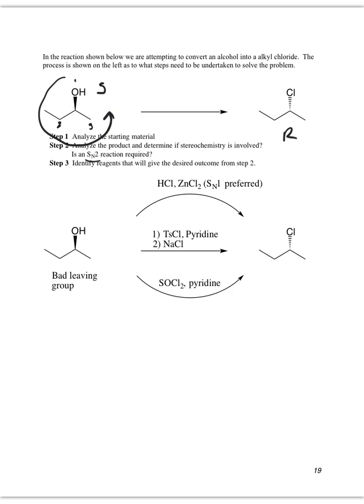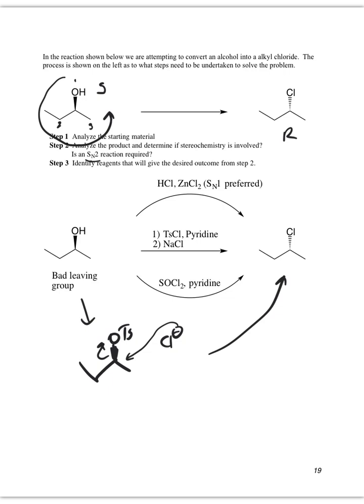So to do this, we can either do the tosyl chloride and pyridine to make the tosylate, and then sodium chloride, where the chloride would come in from the backside, do an SN2, giving us the inverted alkyl chloride.